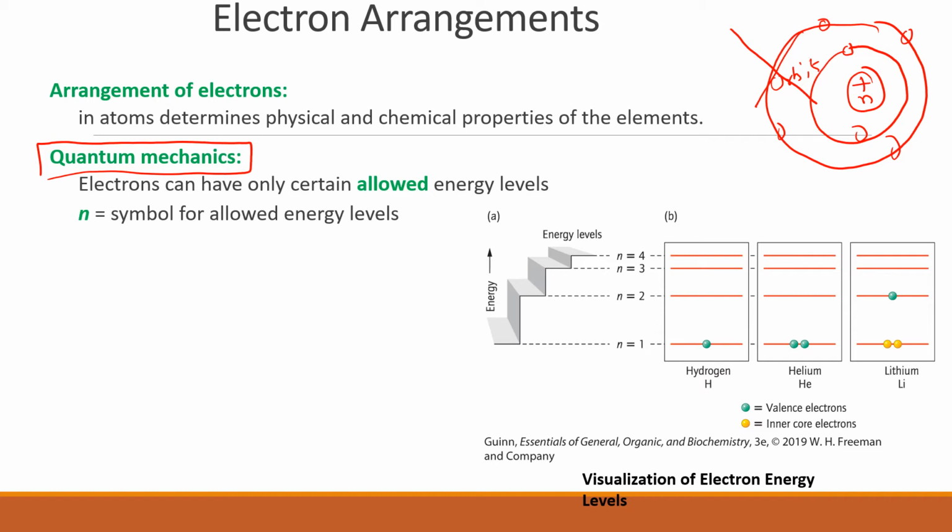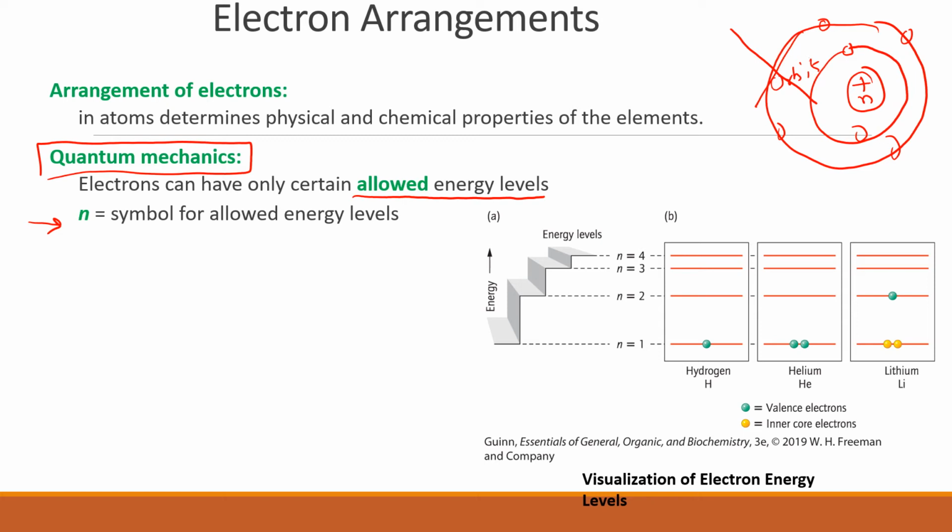Now, according to the newest model, which is quantum mechanics, electrons are arranged around the nucleus in certain allowed energy levels. So now we don't have orbits, we have energy levels around the nucleus, and these energy levels are represented by the symbol n.